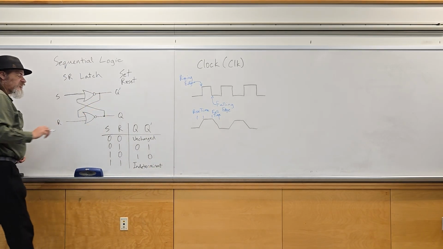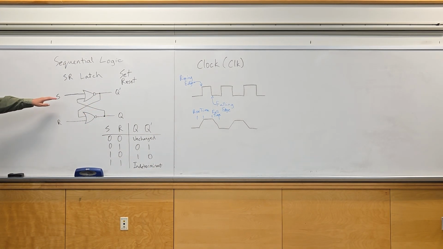They basically oscillate until one or the other of S and R goes to 0, and when that occurs, it will be either set or reset depending on which input goes to 0 first. So 1 and 1 on the SR latch is not allowed. It is an indeterminate result. Both will bounce high and low, oscillating back and forth as fast as the circuit will allow.